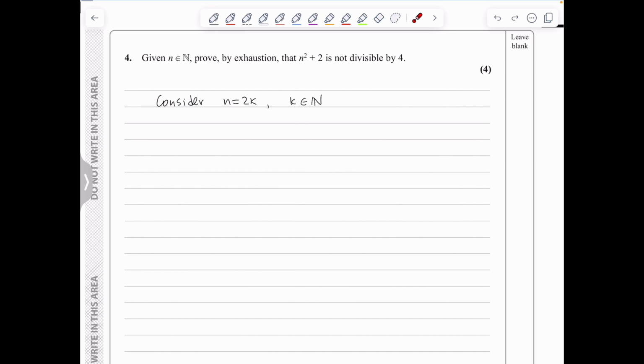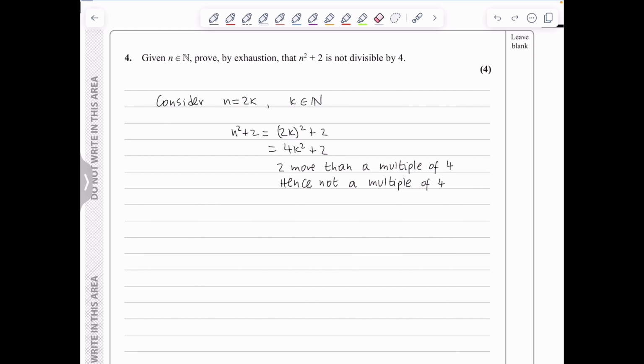This means that n squared plus 2 is equal to 2k all squared plus 2, which gives me 4k squared plus 2. And we can obviously see that this is 2 more than a multiple of 4, and therefore it is not a multiple of 4.